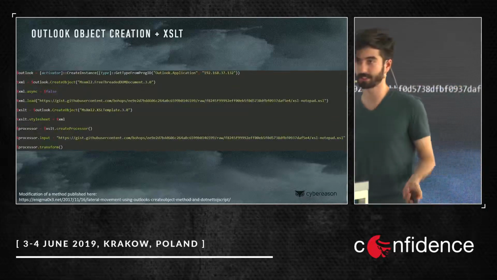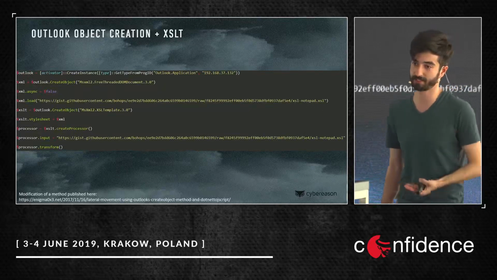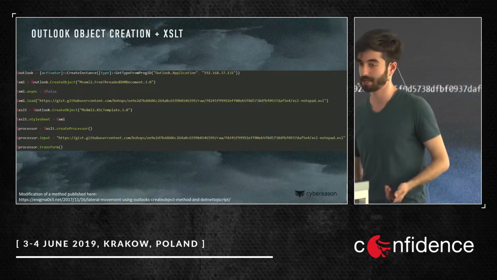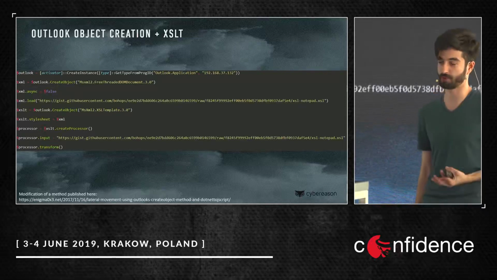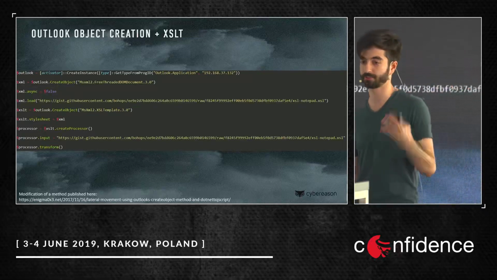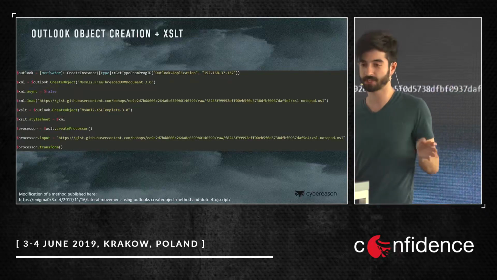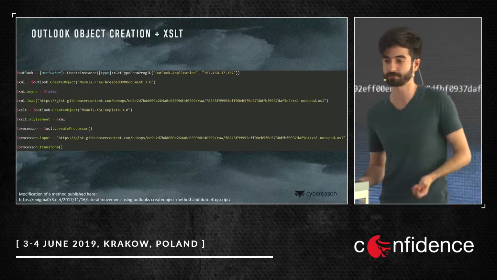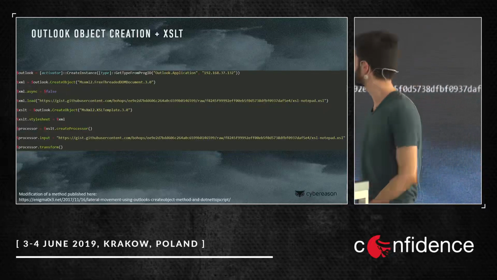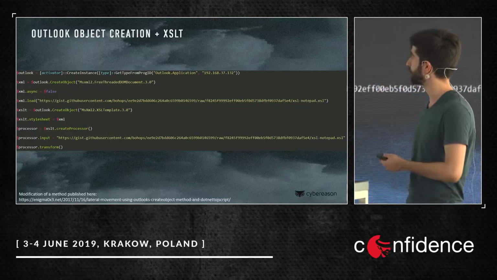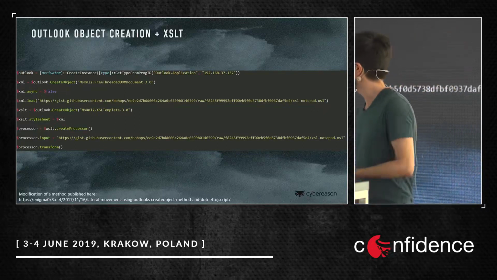Another way to run XSLs is by modifying a lateral movement method by Matt Nelson of SpectreOps. And it's by using the Outlook COM object. And Outlook actually allows you to create almost arbitrary COM objects using the create object function. And we can use it to create this free-threaded DOM document, which is basically a COM representation of an XML file.